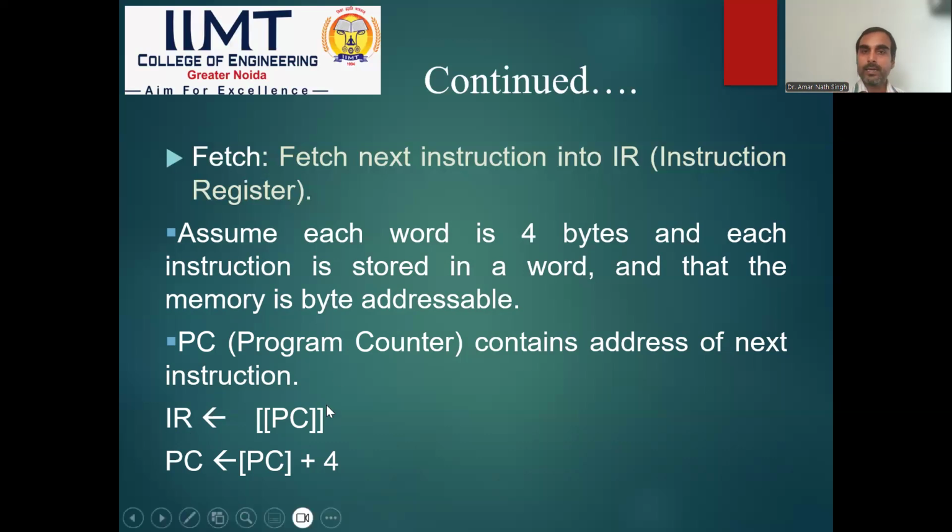For example, here I have chosen 4 bytes, so naturally I write PC equals PC plus 4. Suppose it is 1 byte, then PC equals PC plus 1. Similarly, if the word size is 3 bytes, you write PC equals PC plus 3. According to this, the next instruction is placed.